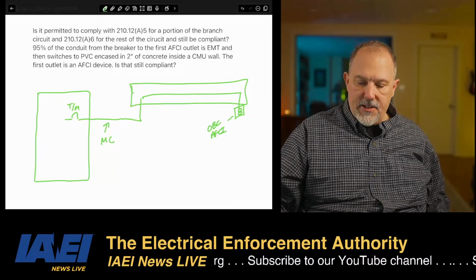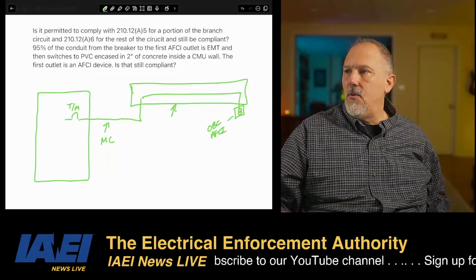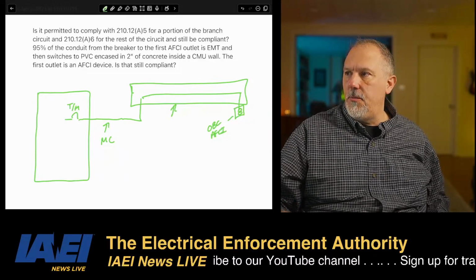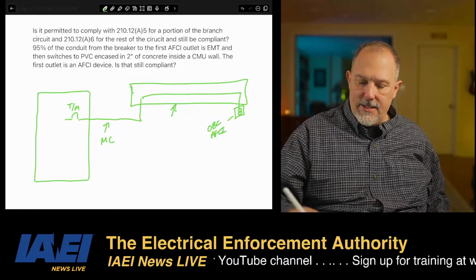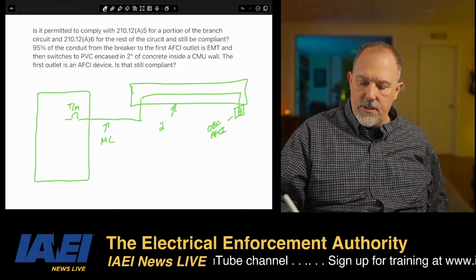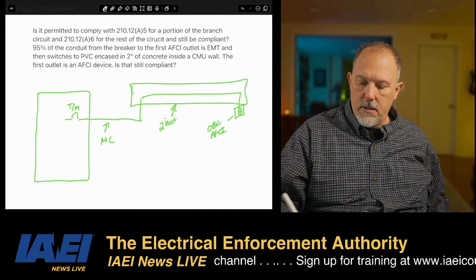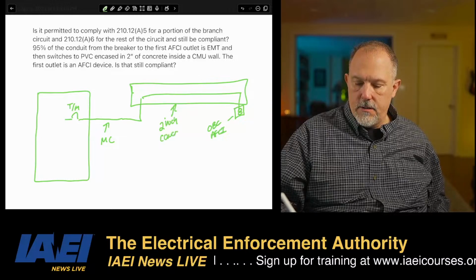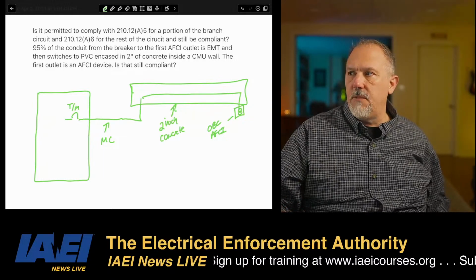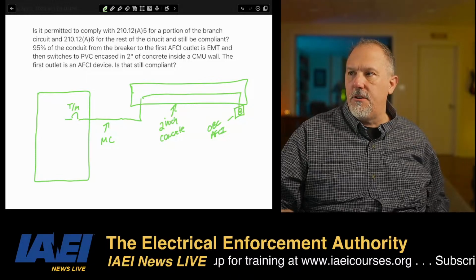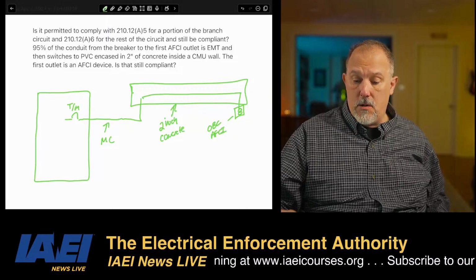And then (6), where a listed metal or non-metallic conduit or tubing or type MC cable is encased in not less than, so this is 2 inches of concrete for the portion of the branch circuit between the branch circuit overcurrent device and the first outlet. Wow.